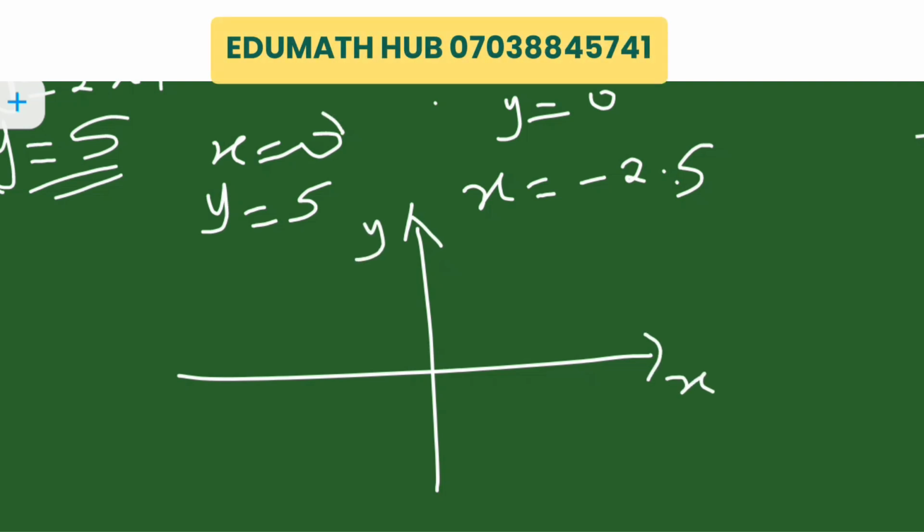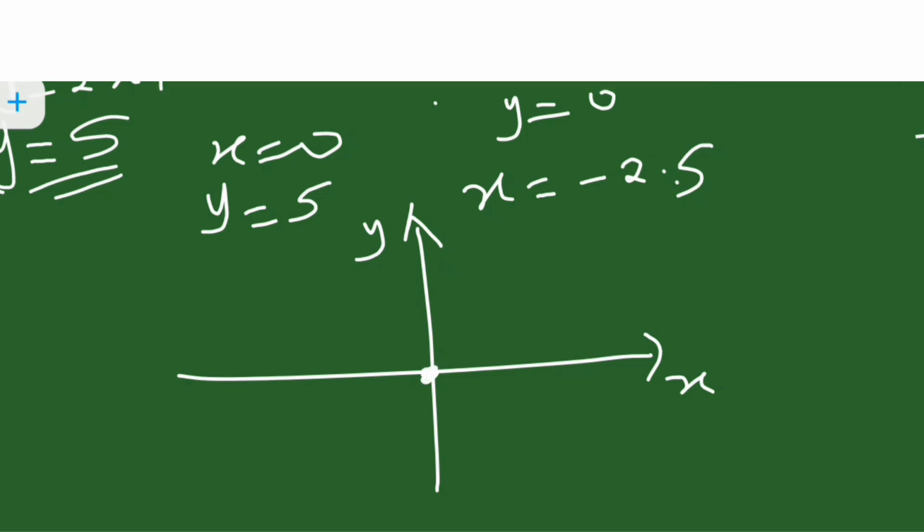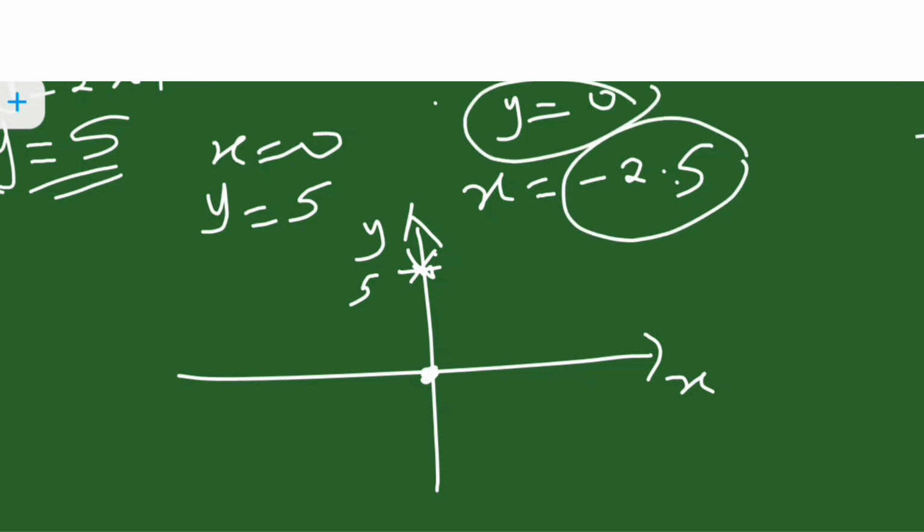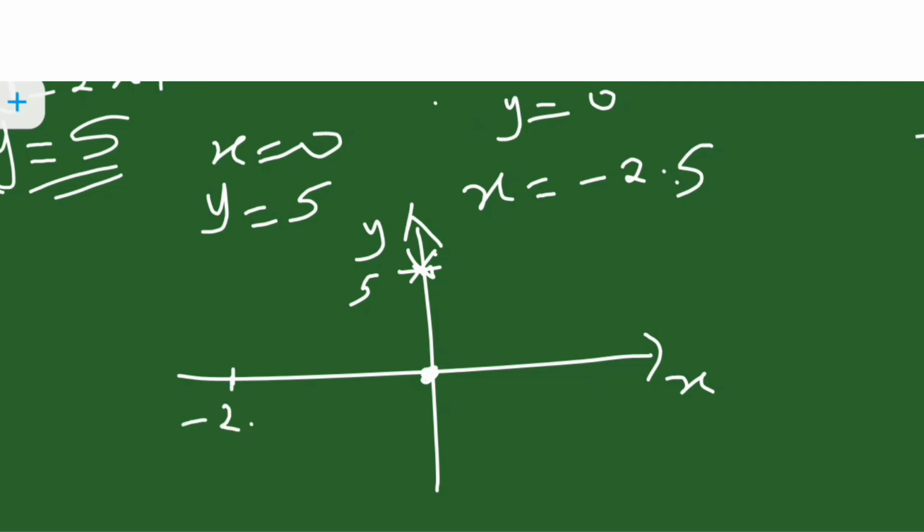The first one, when x is 0, y is 5. So x is 0 here, that's the origin. y is 5. Put a star here. Then when y is 0, x is minus 2.5. So minus 2.5 is around here. You just join this with a straight line like this. This will be the graph.